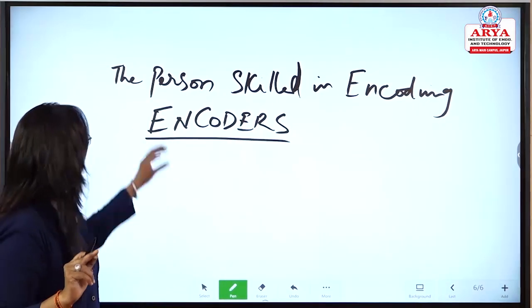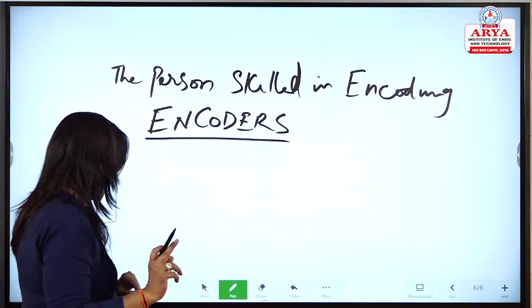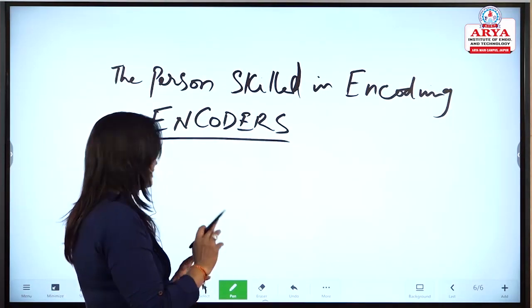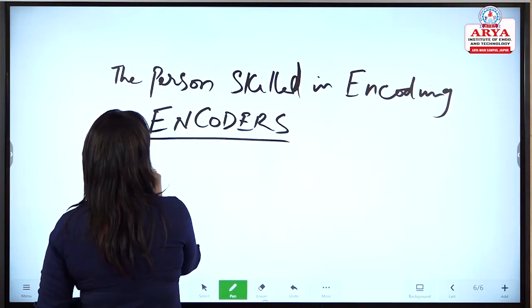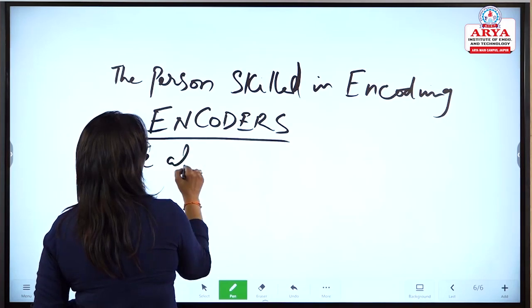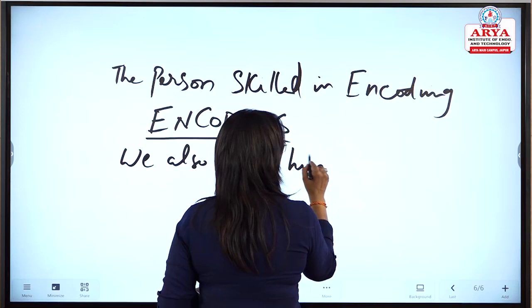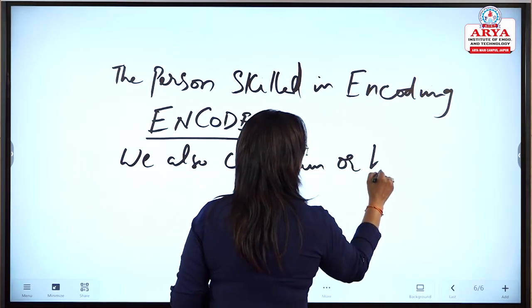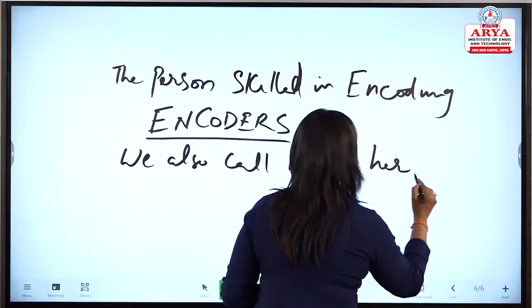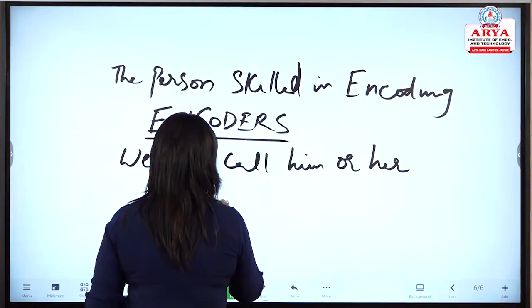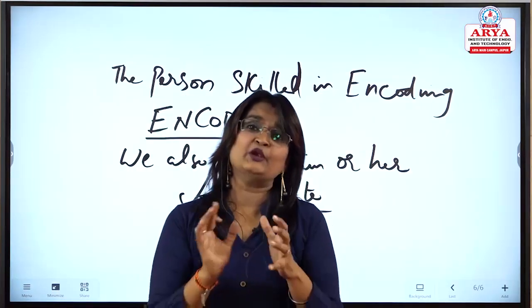Fine. So the person skilled in encoding is the encoder. We also call him or her an articulator. We would say the person is articulating it.